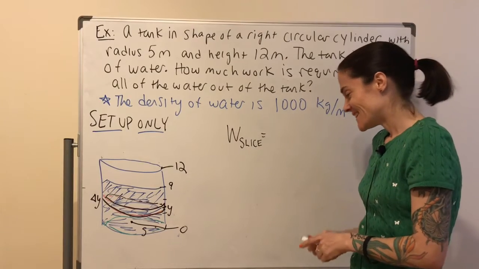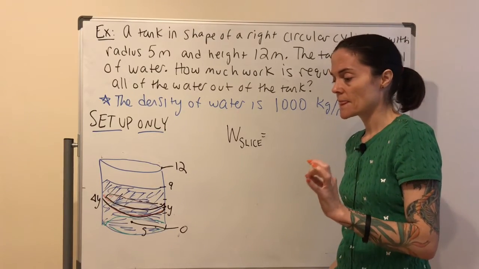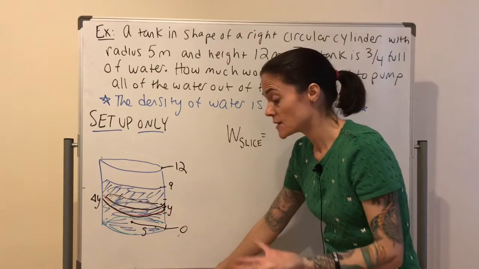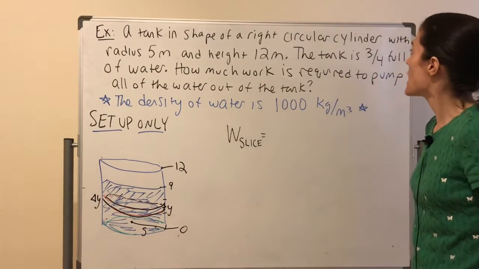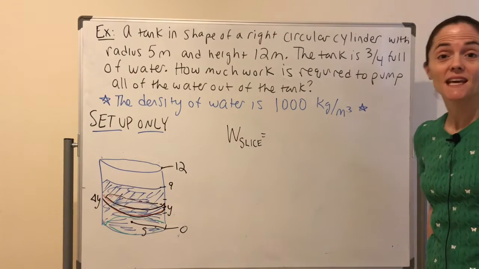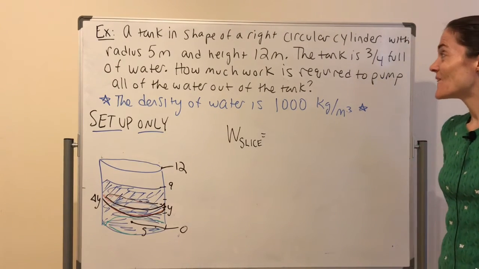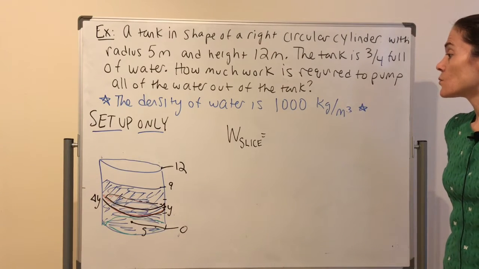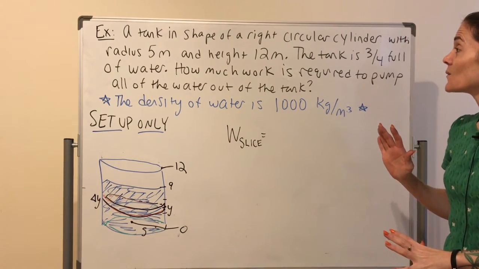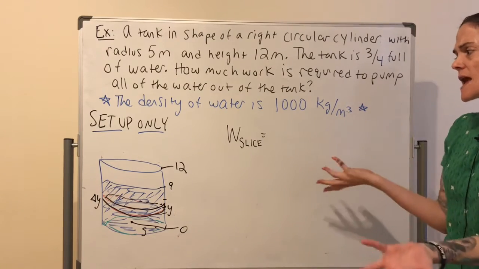Okay, well, this is when you have to go back to all those equations I reminded you of at the beginning, because we don't see a force here, right? We have density, and what else do we have? We know the shape.